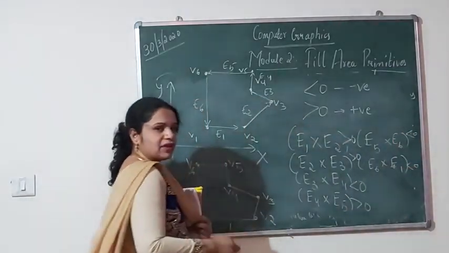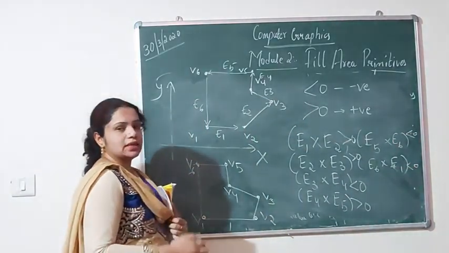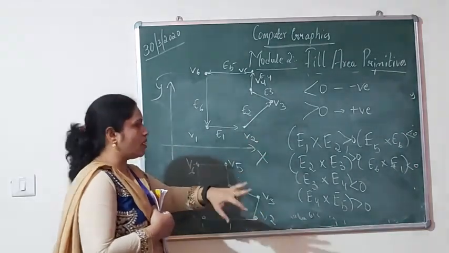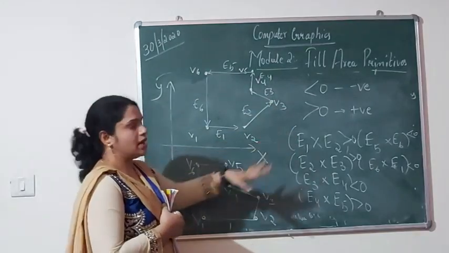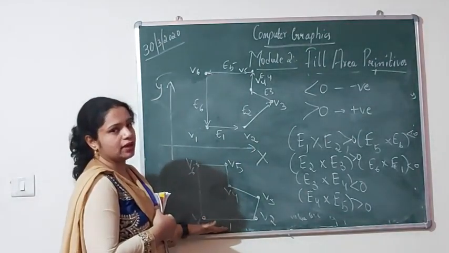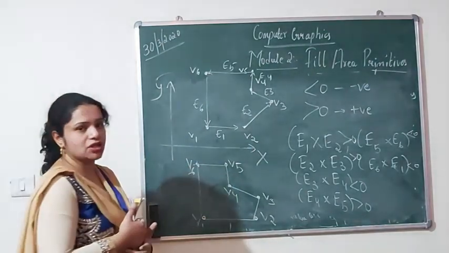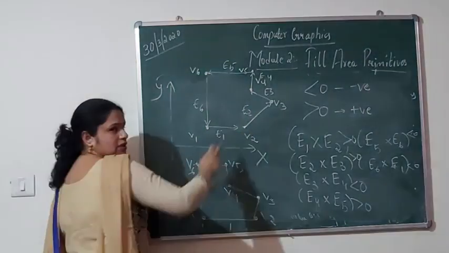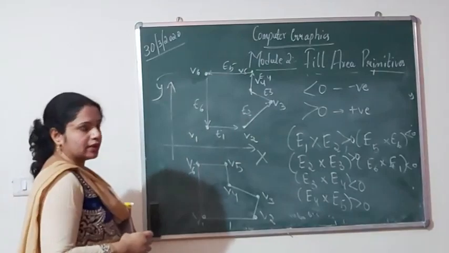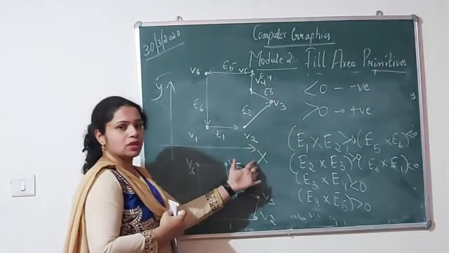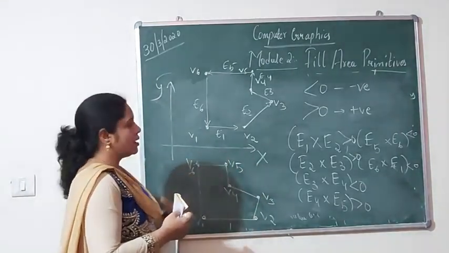So like this, after multiplying the edge vectors, I will get different types of results, right? If I get a combination of both positive and negative values, I categorize this polygon as a concave polygon, right? So this is my identification algorithm 1. By finding the cross products of successive pairs of edge vectors and seeing the result, if the result consists of both positive and negative values, we call it a concave polygon.